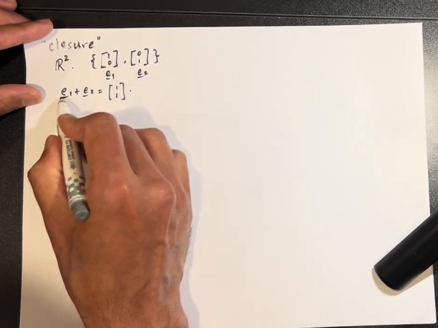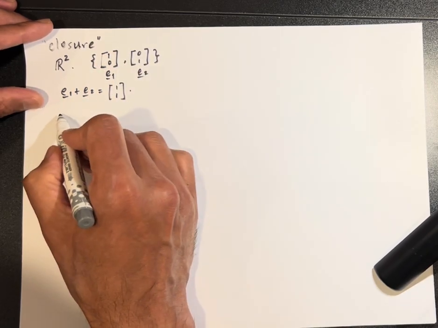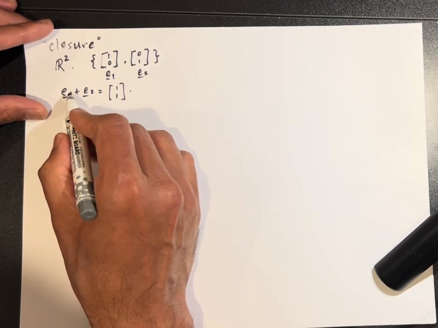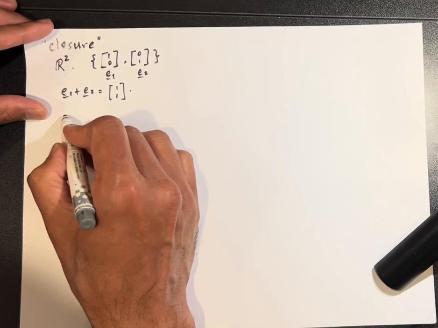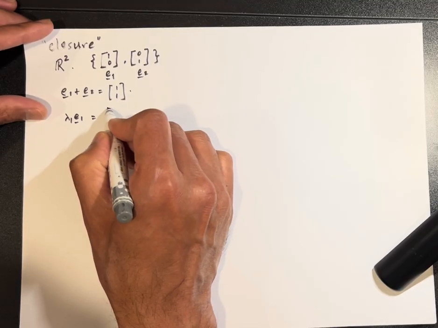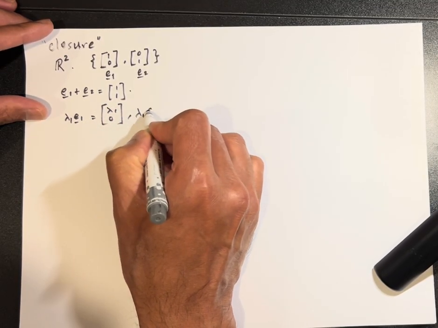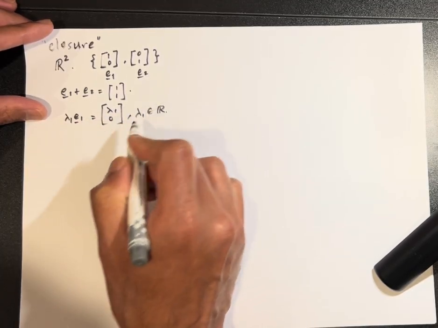And then I can always scale E1 by any number I want. So if I scale E1 by lambda 1, lambda 1 E1 is going to give me just lambda 1, 0, and of course this lambda 1 belongs to R. That's scalar multiplication.